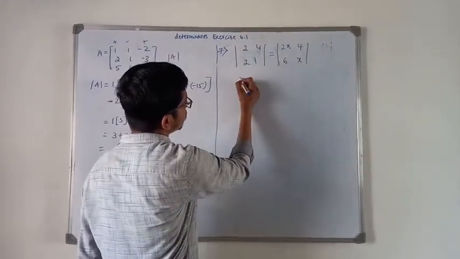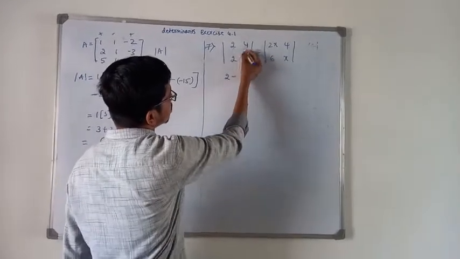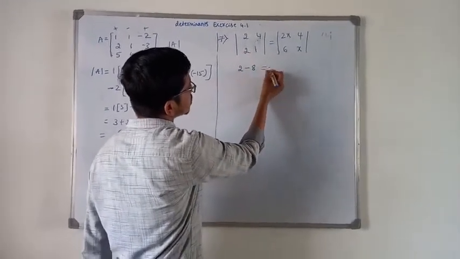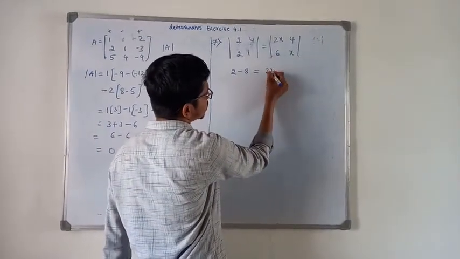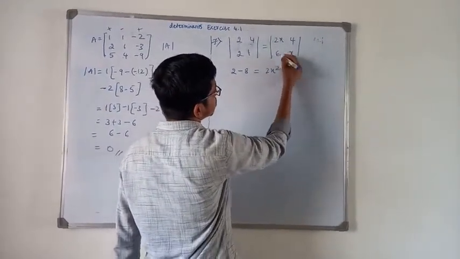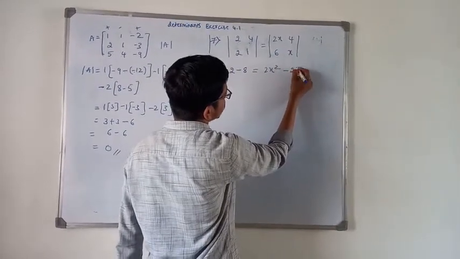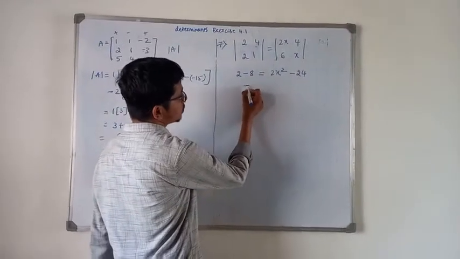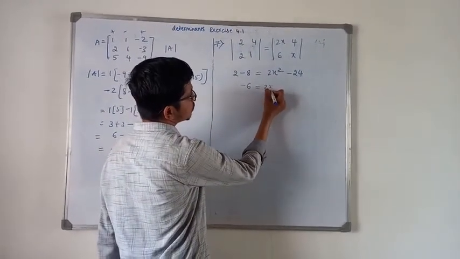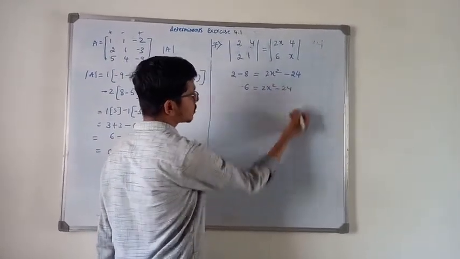That is 2 into 1 is 2, minus 2 into 4 is 8, that is equal to the determinant of this, 2x into x is 2x square, minus 6 into 4 is 24. That is, minus 6 is equal to 2x square minus 24.